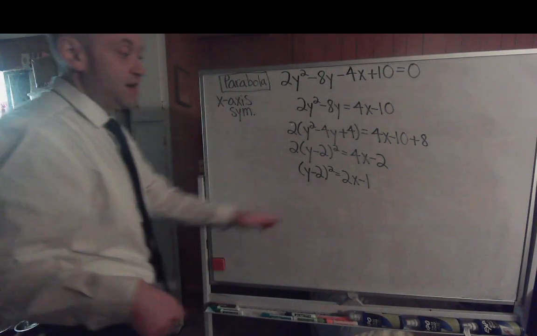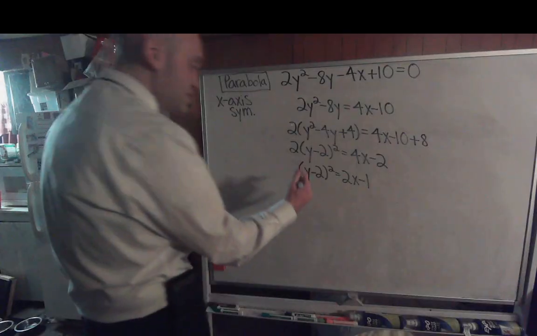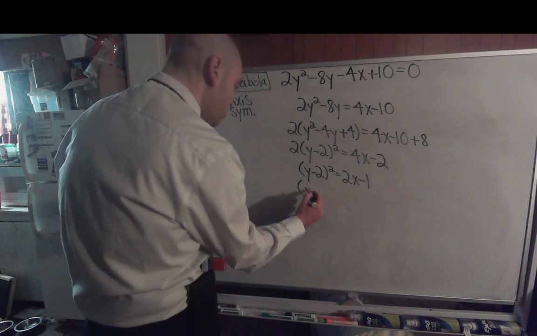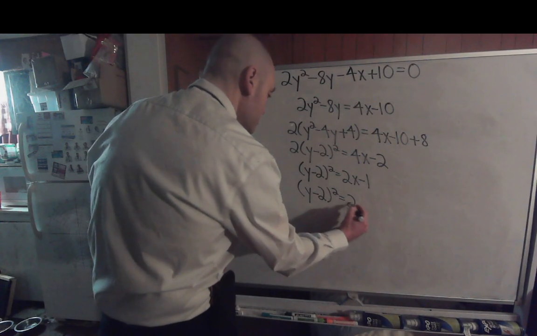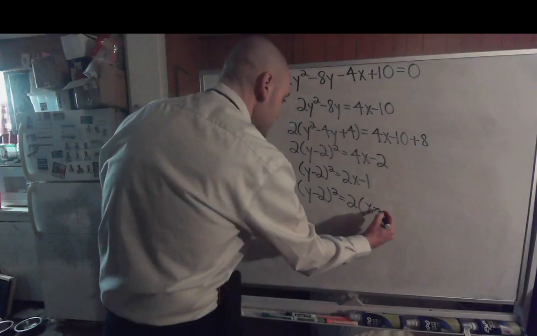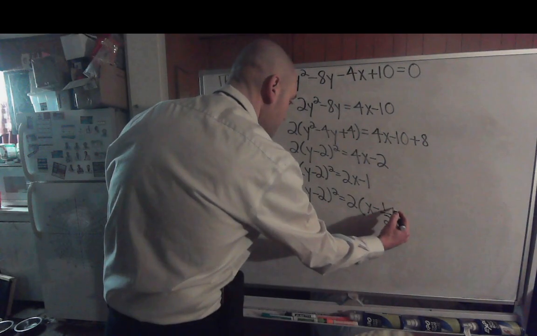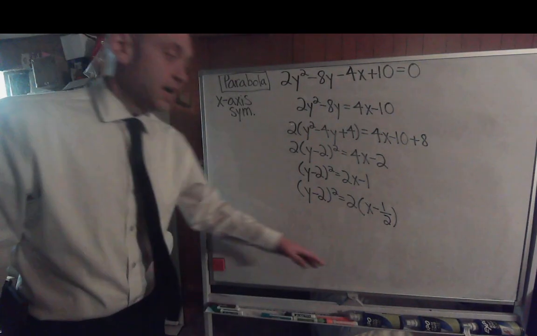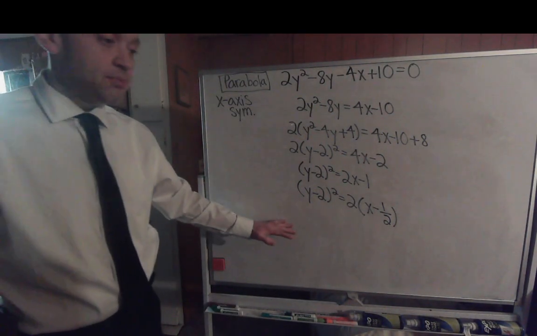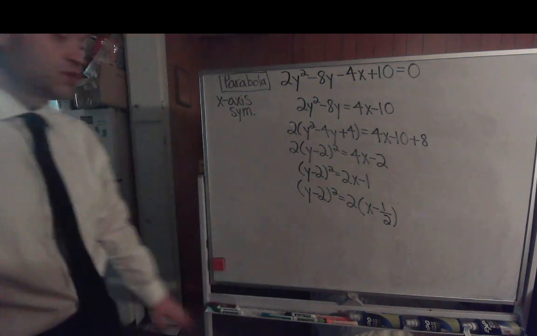Then we factor out that 2 from the x on the right-hand side. You end up getting (y minus 2) squared equals 2 times (x minus 1/2). Now we've got the standard form for an equation of a parabola with x-axis symmetry.